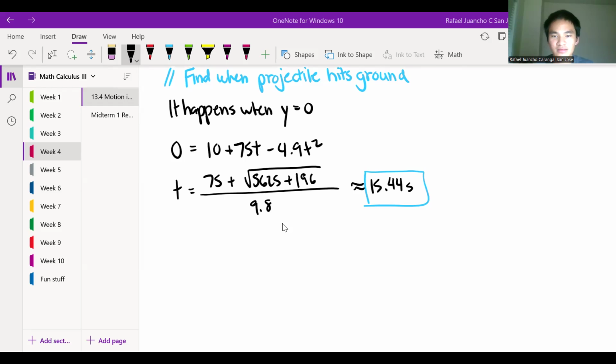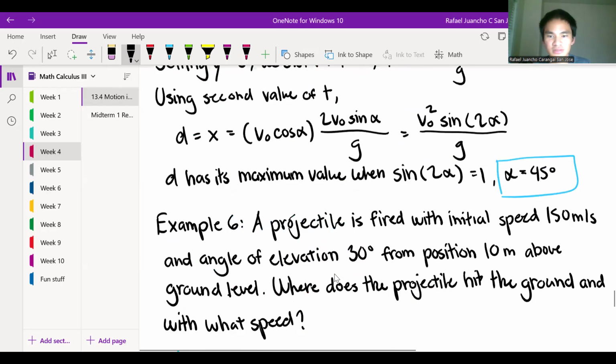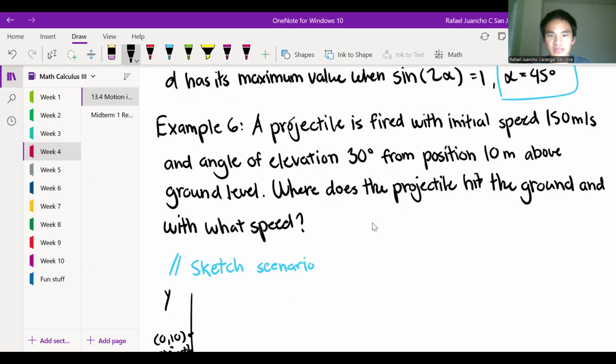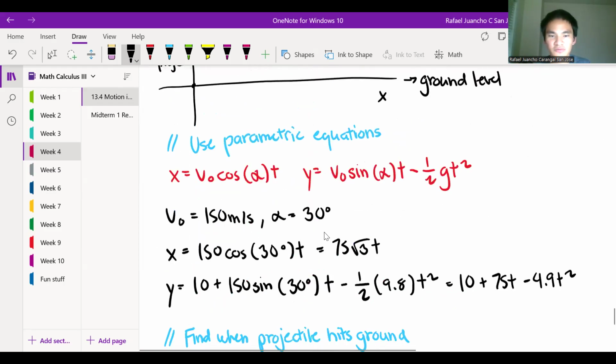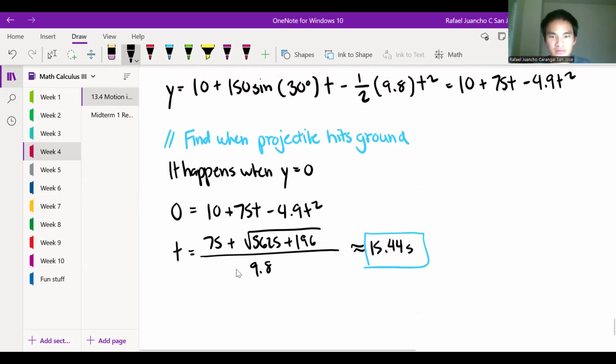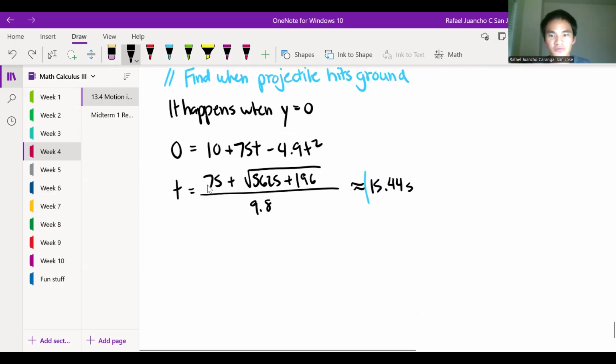And then if we approximate x, so I think that's the other question. Where does the projectile hit the ground? Oh wait, was it asking where or when? Oh, it was asking where.